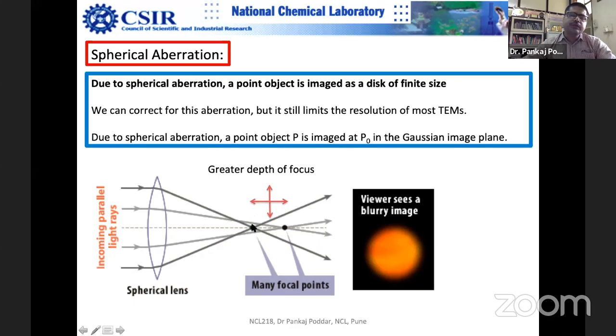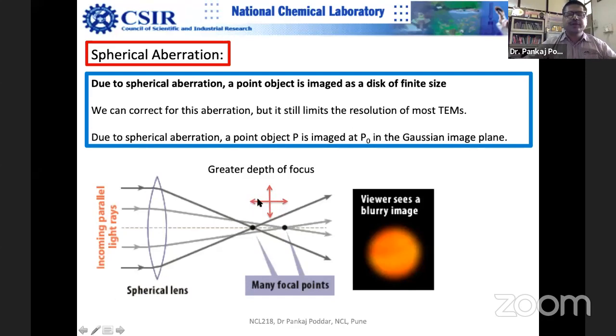The radius of this circle around this is called the spherical aberration. It's counted as the spherical aberration, S in beta cube. If we look at the equation of beta, this radius comes in as a factor.